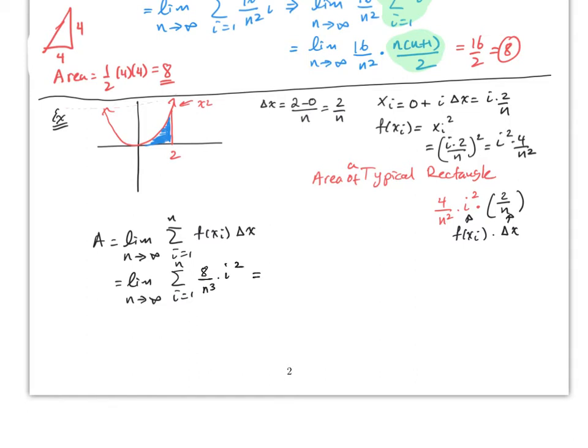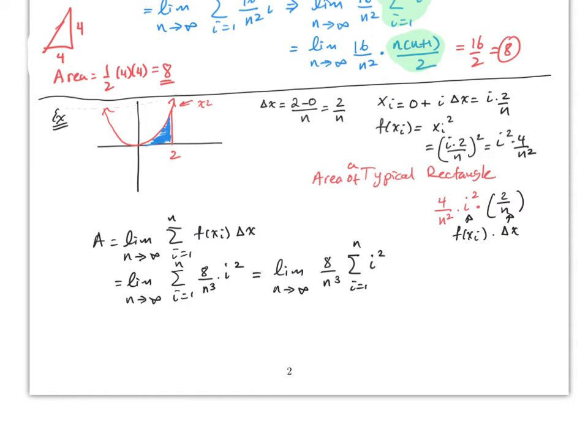So notice, since the sum is with respect to i, you can take the n out, so this will be the limit as n goes to infinity of 8 over n cubed times the sum from i equals 1 to n of i squared.